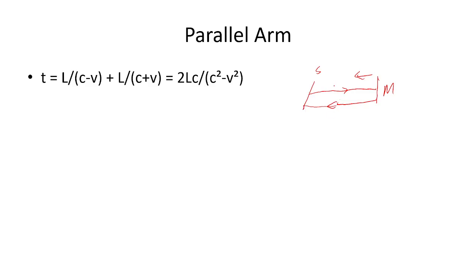So in this case the velocity is c plus v over here, and it is subtracted over here, c minus v. So on this path, from the splitter to the mirror, the velocity is added, and when it is reflected back toward the splitter, the velocity is subtracted.